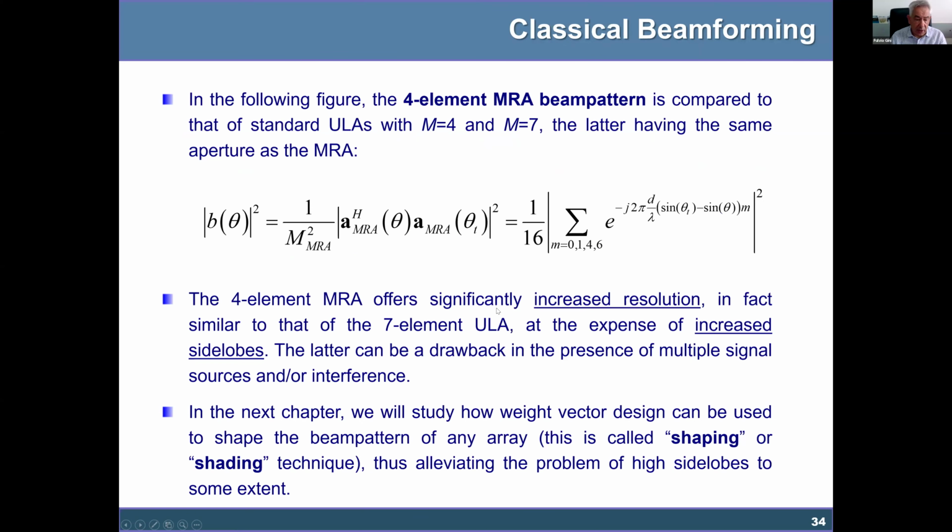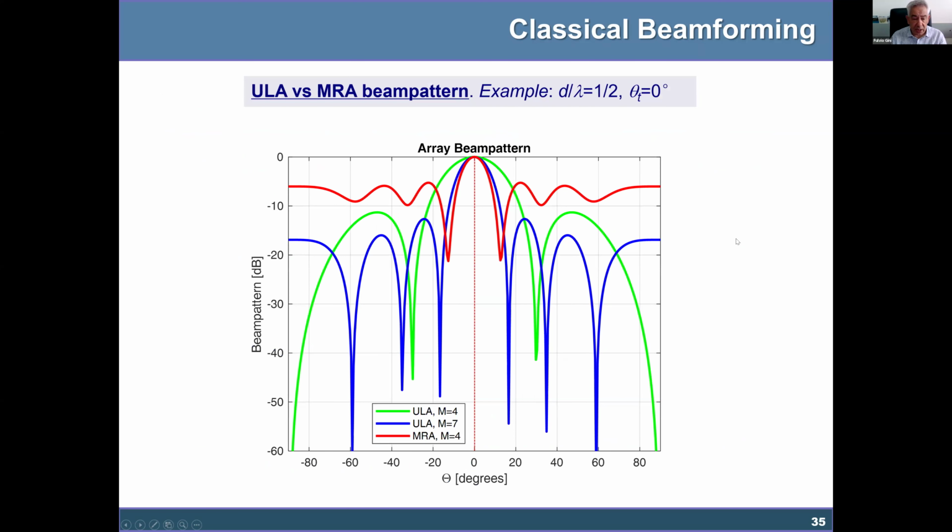Now, if you compare the two beam patterns, this is the typical result. In blue, we have the ULA with 7 sensors, so you get some resolution. Remember, the resolution depends on the width of the main lobe. And then you have the side lobes.